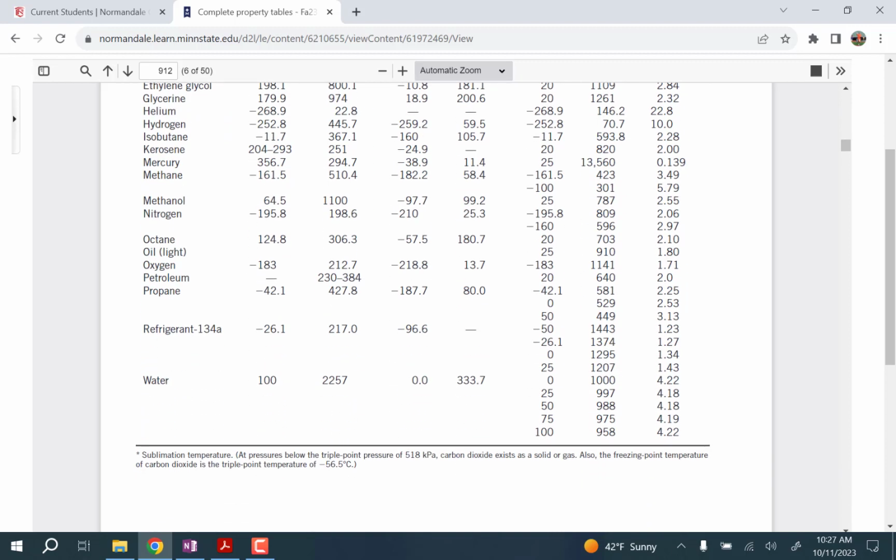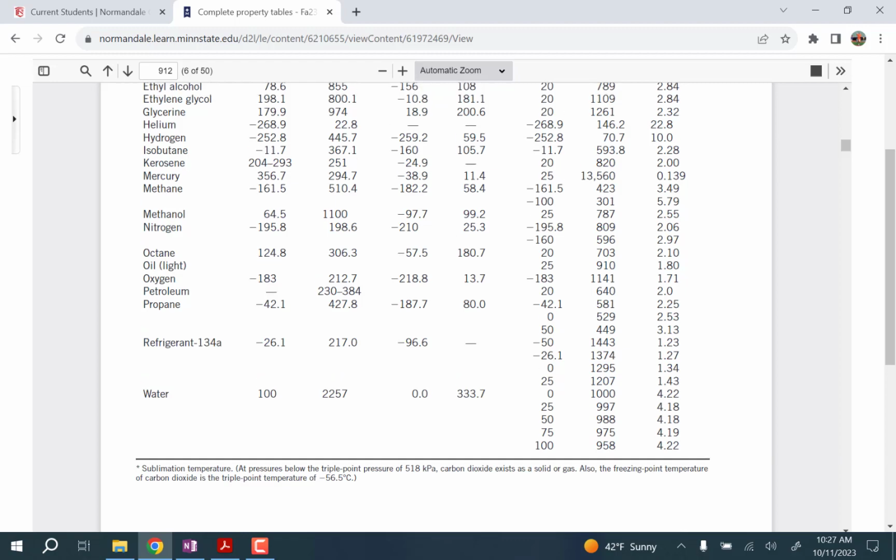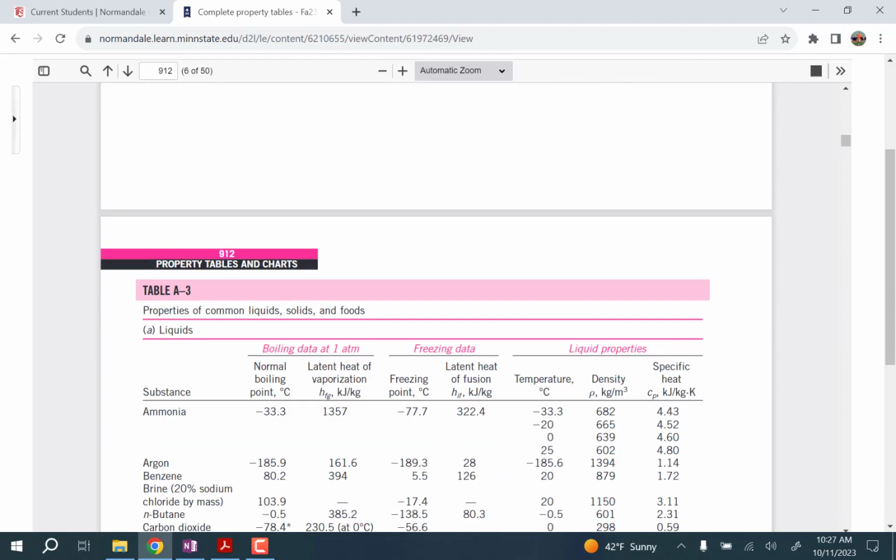The temperatures it gives you are 0 Celsius up to 100 Celsius. Take the range of temperatures that's closest for your problem. You can see it varies a little, but not very much. At 0 Celsius, it's 4.22. Then it dips a little and comes back up. So I'm just using sort of the middle of the range at a temperature of 50 degrees Celsius. The specific heat is 4.18, and the units are kilojoules per kilogram Kelvin.